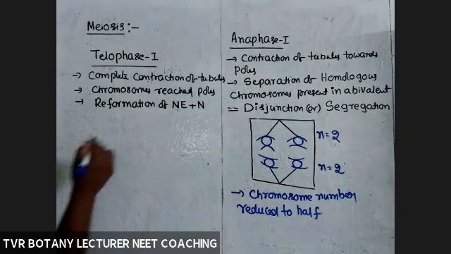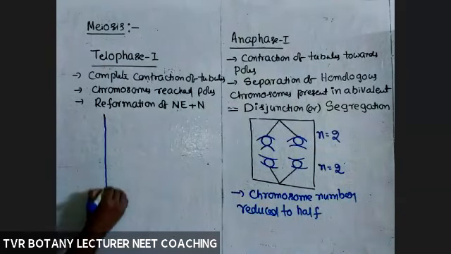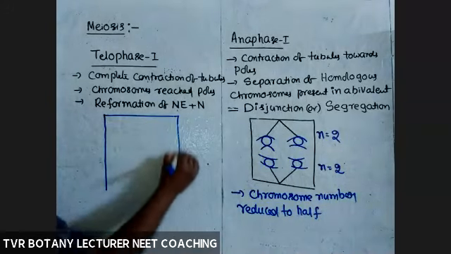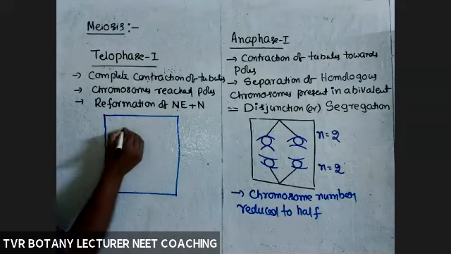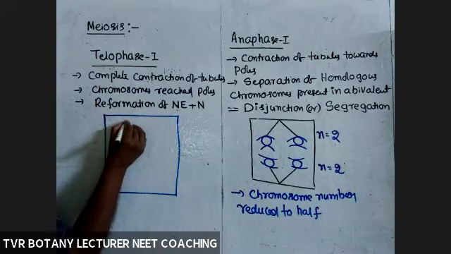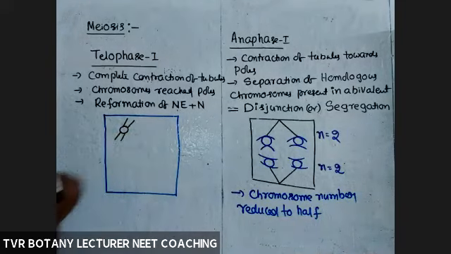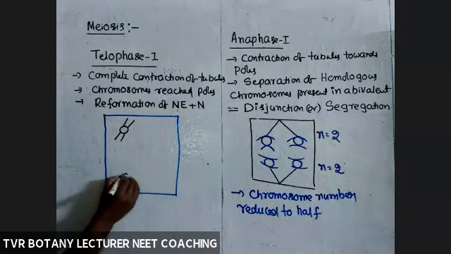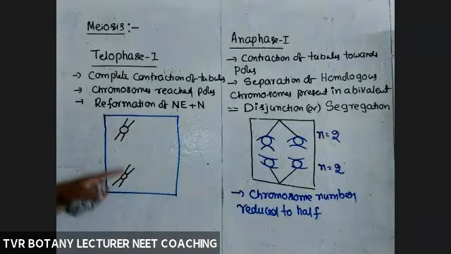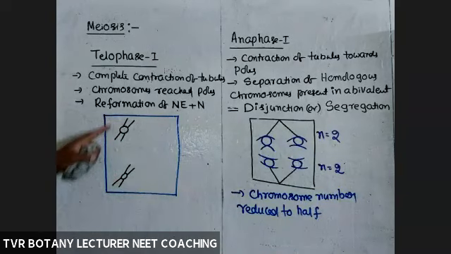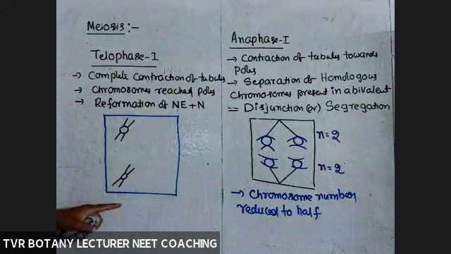Now take the diagram. Meiocyte, chromosome 1. Okay, next chromosome 2. These two are homologous chromosomes. So what about the homologous chromosomes? Move towards opposite poles. This chromosome this side, this chromosome this side.